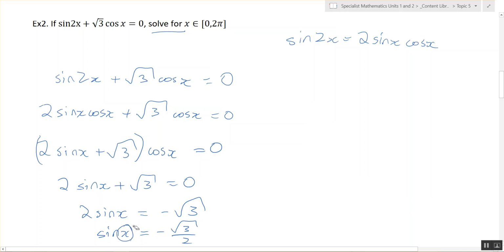So we again use the unit circle like the first example, but we have a negative square root 3 over 2. So we know this is square root 3, this is 2, this is 1. Alright, so we know this is negative pi over 3, or 60 degrees. So opposite over hypotenuse, yep.